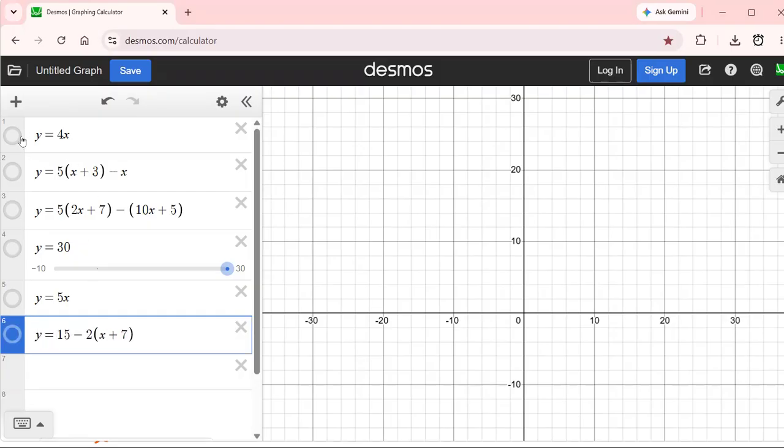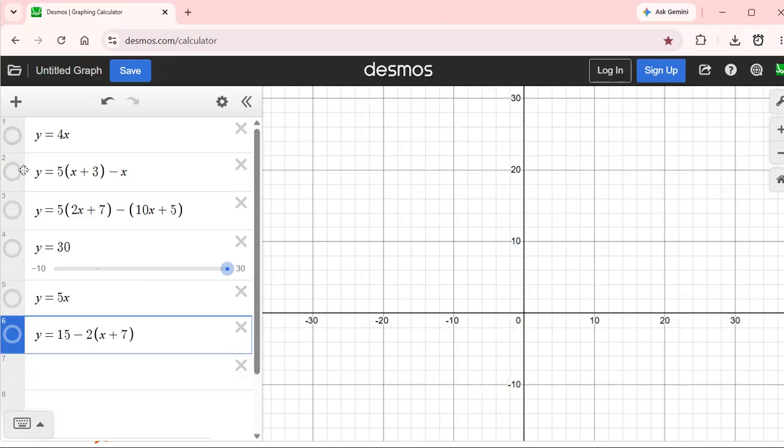For the first one, we had 4x equal to 5 times x plus 3 minus x. Notice when we graph them, they're parallel, so they never cross. That's why we had no solutions, because they will never cross each other.